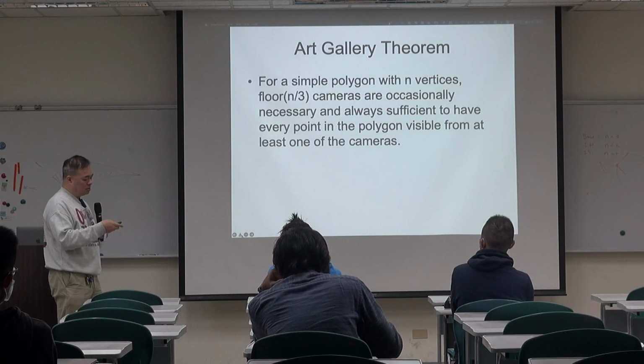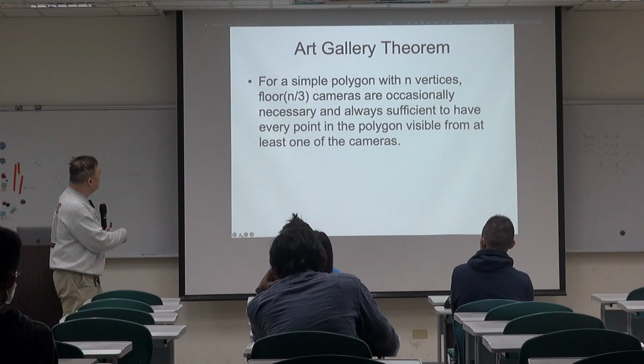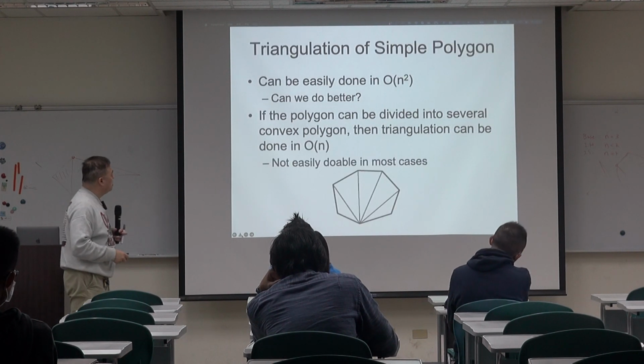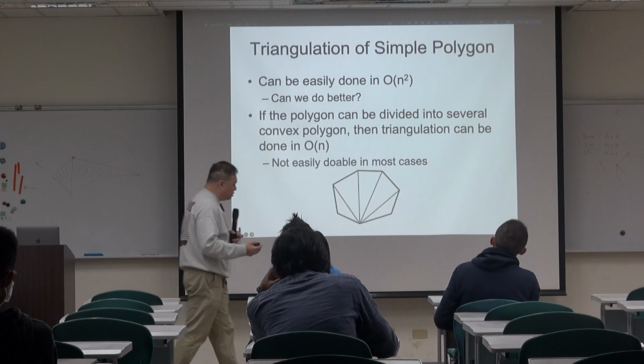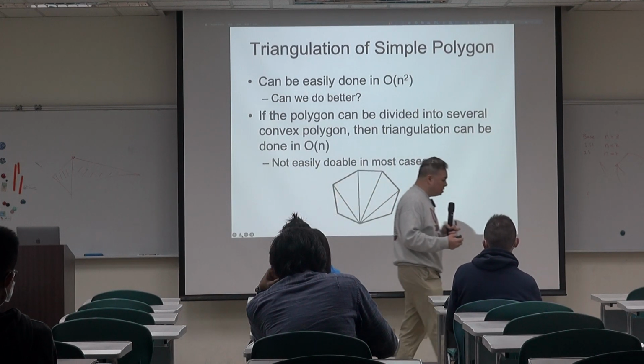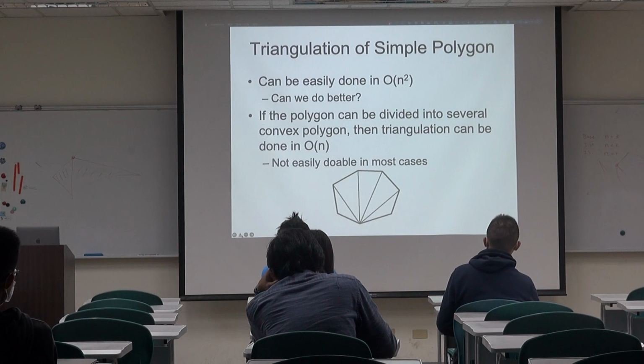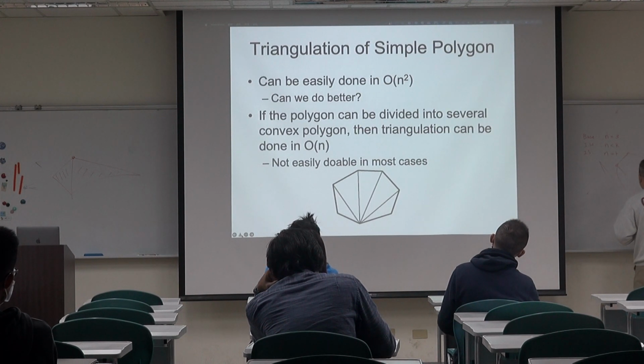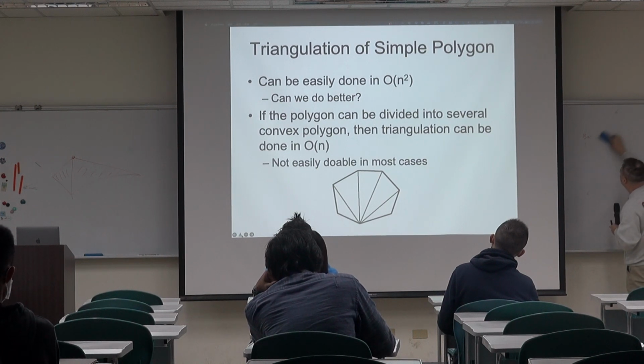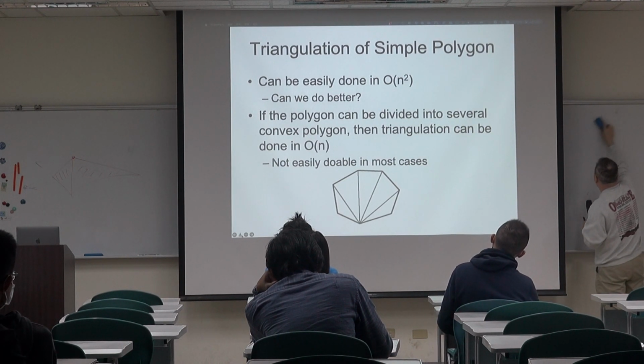Okay. So let's finish the discussion of the number of cameras. We have discussed how many cameras are necessary, but we haven't really talked about the algorithm to triangulate the simple polygon.